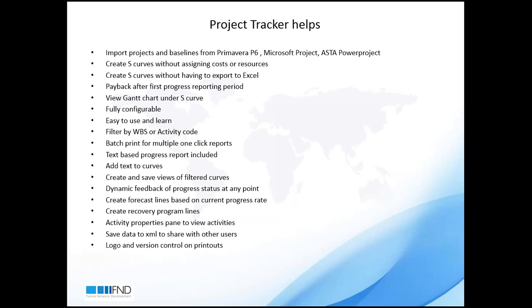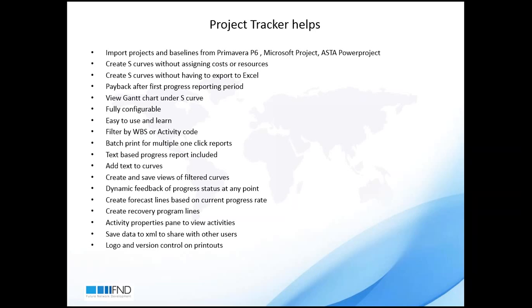Project Tracker also gives us dynamic feedback of the progress status at any point when we are moving our cursor to a specific period, so it will give us the progress on that specific date. It also produces forecast lines, which is unique to Project Tracker and which you cannot have in Excel. So with the current progress rate, it can tell us what our end date of the project can be. It is also unique.